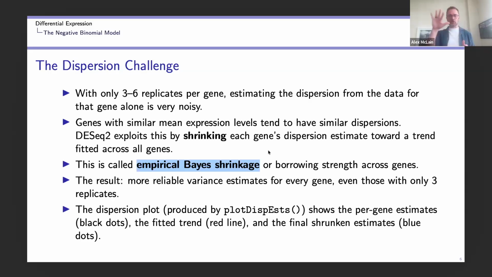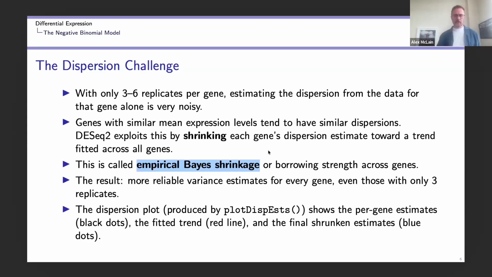It uses that trend to correct the gene-level dispersion parameter estimates, just to make them a little bit more reliable than when we look at each gene separately.